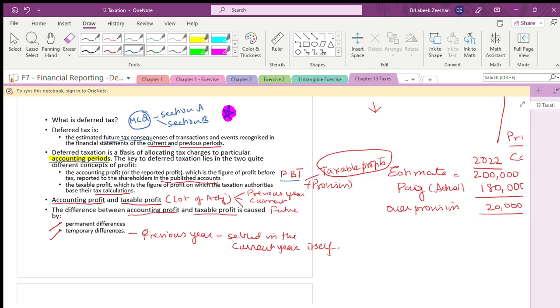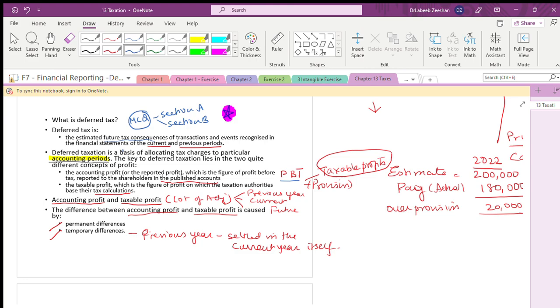Definitely there will be some adjustments that will happen. Either you will make an over provision or an under provision. The difference between accounting profit and taxable profit is by what?